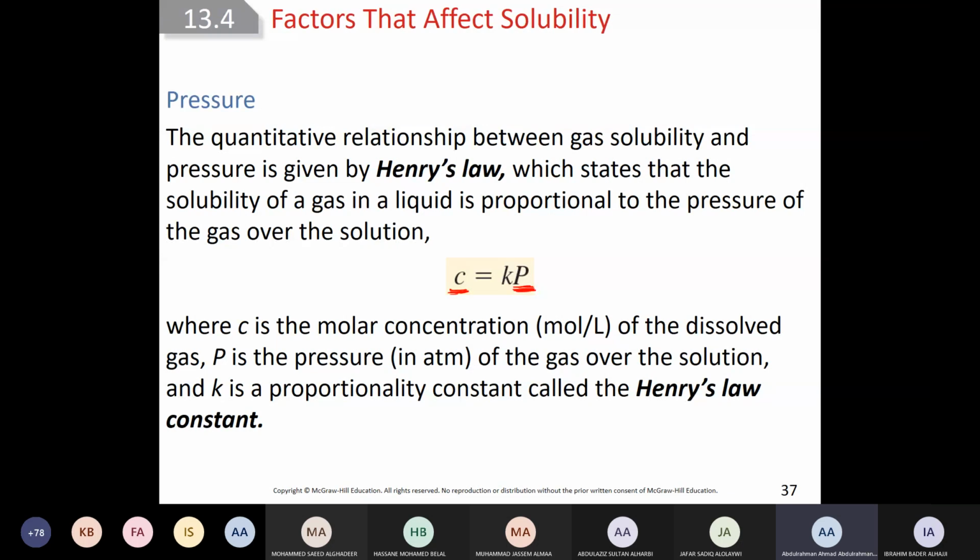We know the concentration or the amount of gas in liquid is related to pressure. C is directly proportional to P. This means as you increase the concentration, the pressure will increase, or C equals K times P. What is C?